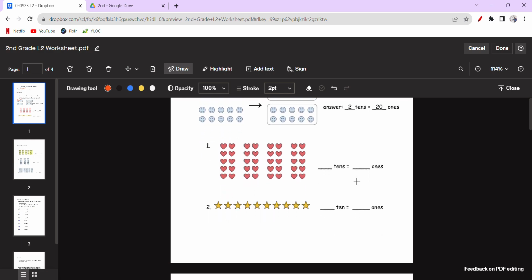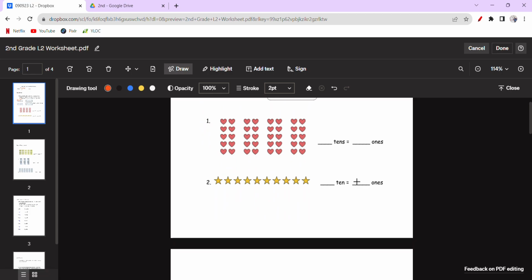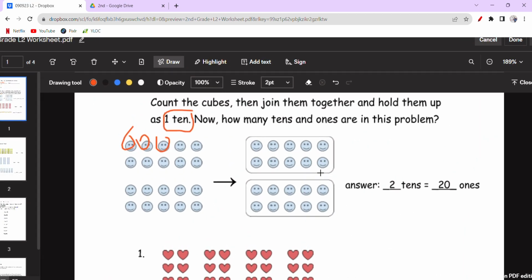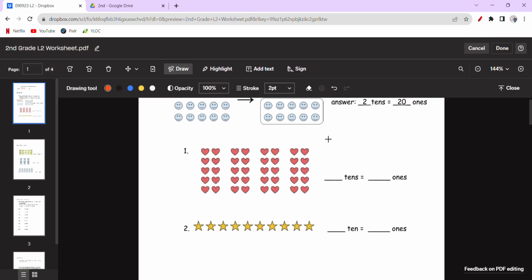Okay? So let's try out this example with the hearts, okay? So you can see, right? There's how many in this? 1, 2, 3, 4, 5, 6, 7, 8, 9, 10. There's 10, right? So then if there's 10 individual ones, we just group them into 1, 10.